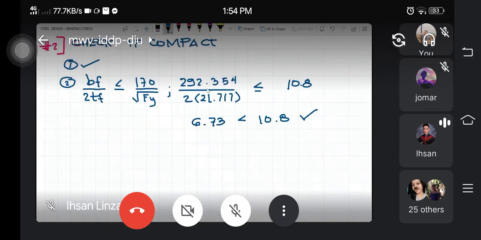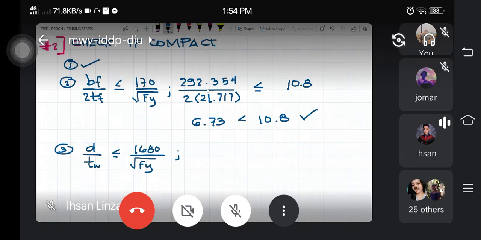So that is compact. The third condition will be, ang sabi doon, the depth of the section or the depth thickness of web ratio. Sabi doon, the depth of the section all over the thickness of the web should be less than or equal to 1,680 all over the square root of the Fy.